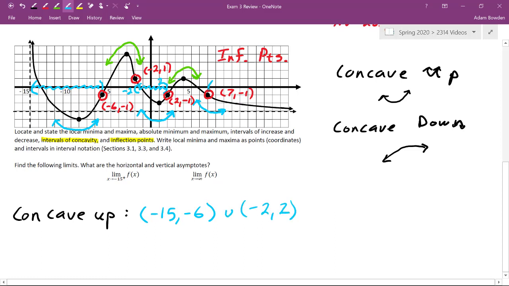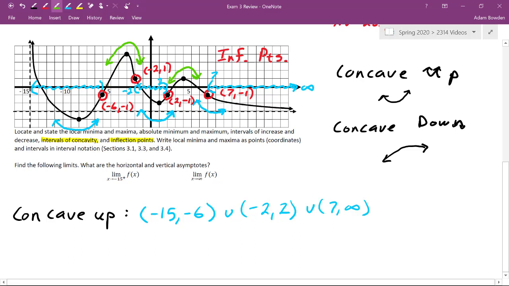And then also from this inflection point at 7 off to infinity as well, (7, infinity). So 3 sections where it's concave up: (-15, -6), (-2, 2), and (7, infinity).